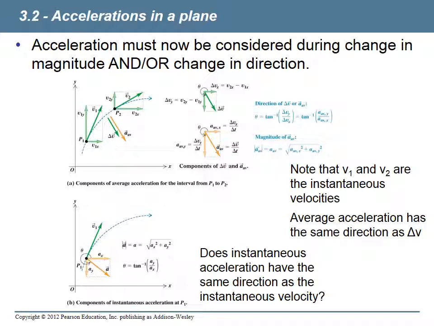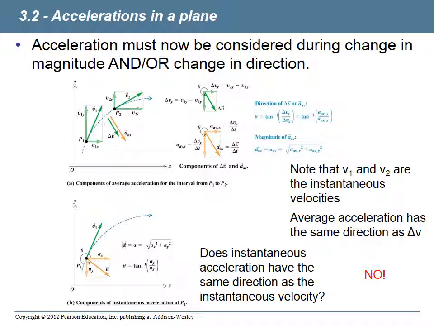So a quick little question: you guys can just look at this and see, does the instantaneous acceleration have the same direction as the instantaneous velocity? Is this a requirement? So we have our instantaneous velocity here, and we have the instantaneous acceleration here. Obviously, they're not in the same direction, so no, we don't necessarily have to have the instantaneous acceleration in the same direction as instantaneous velocity.